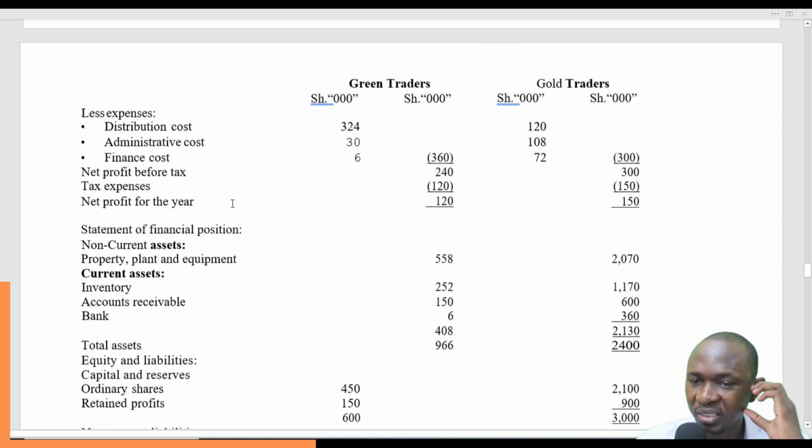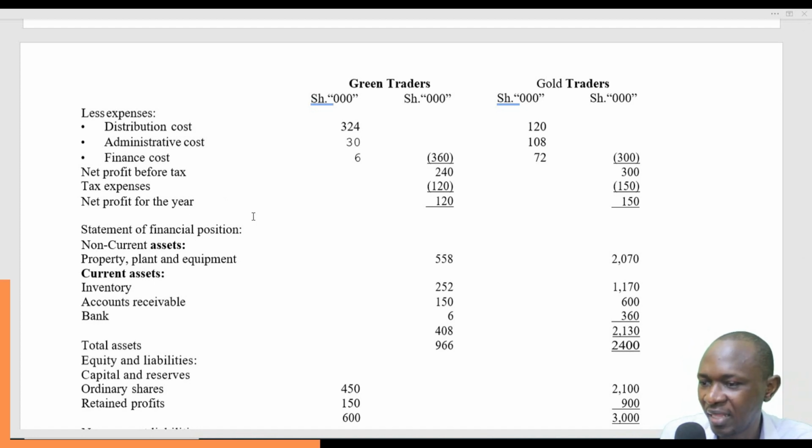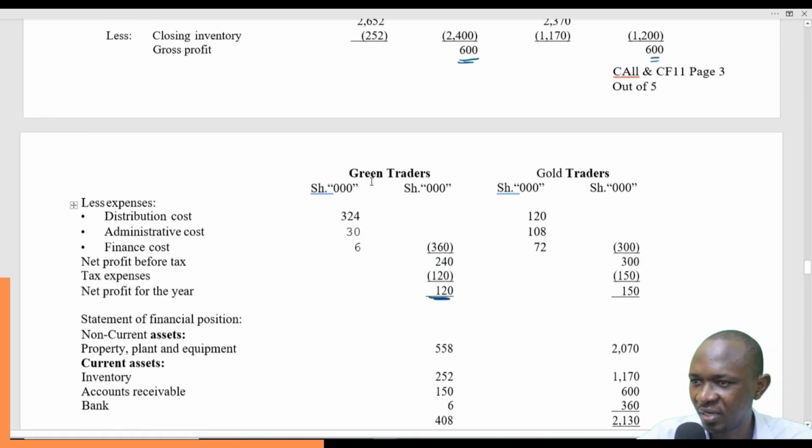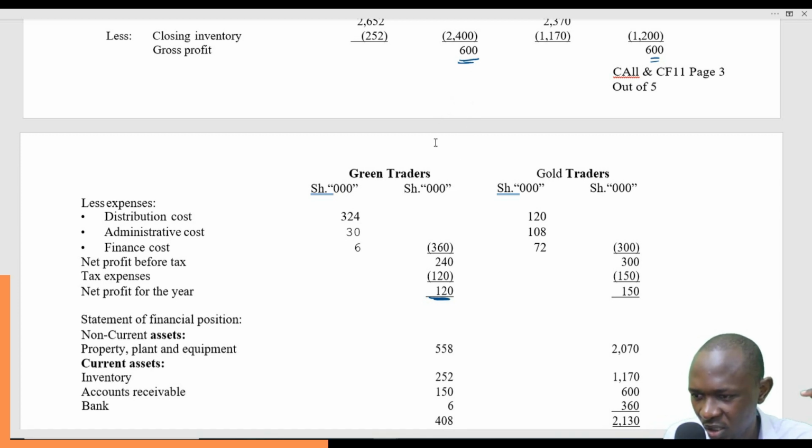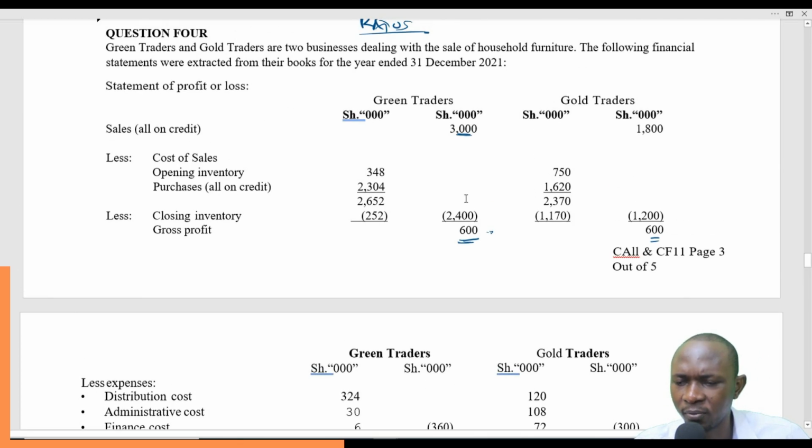But net profit margin will work with this net profit for the year, that is after the taxes. Gross profit margin, this is the figure, 600. Operating profit margin, then we would have worked with 240, that is before interest and taxes. So operating profit margin 240, gross profit 600, net profit 120. That is after the taxes have been worked out. So thank you.